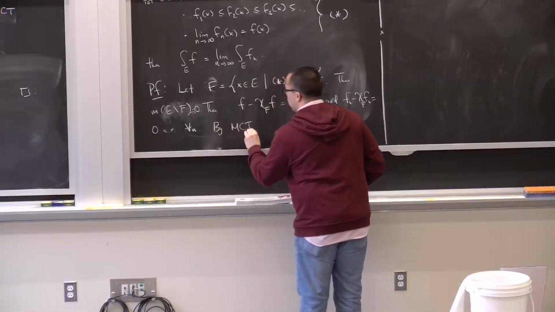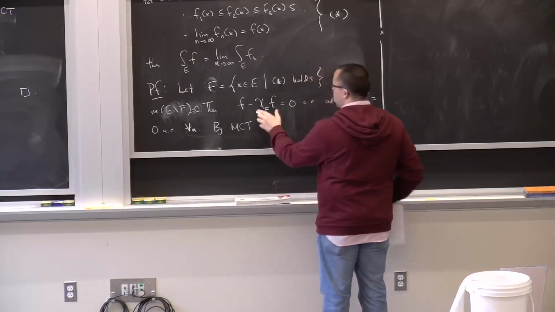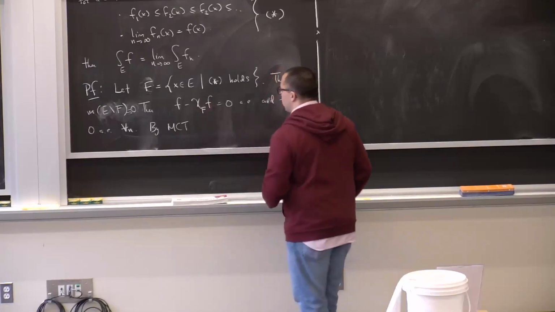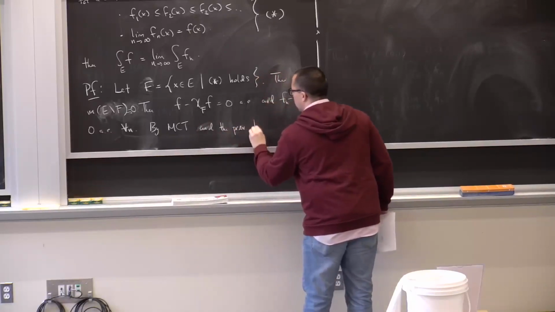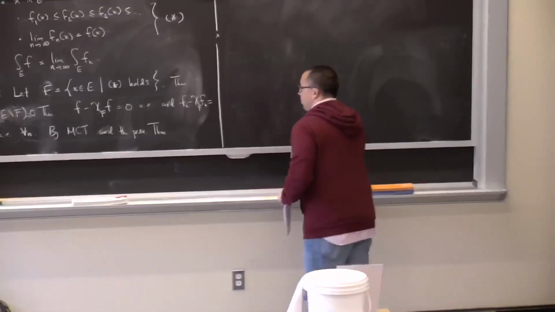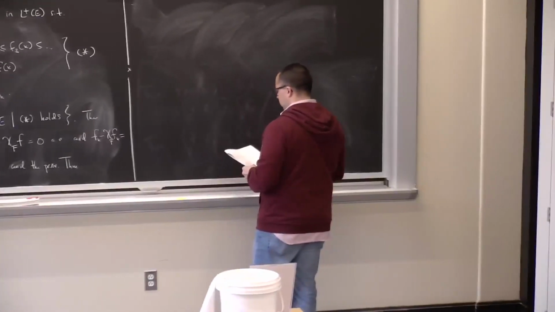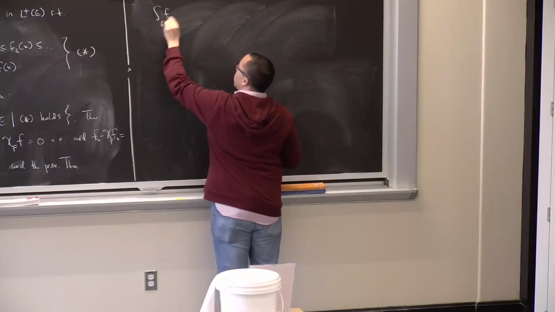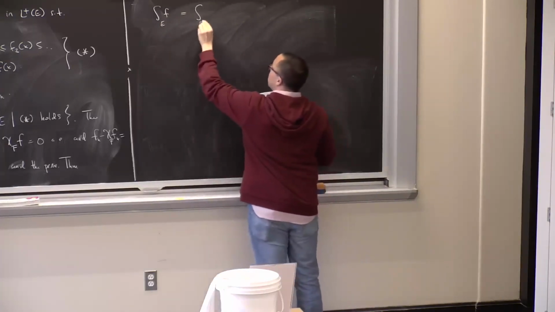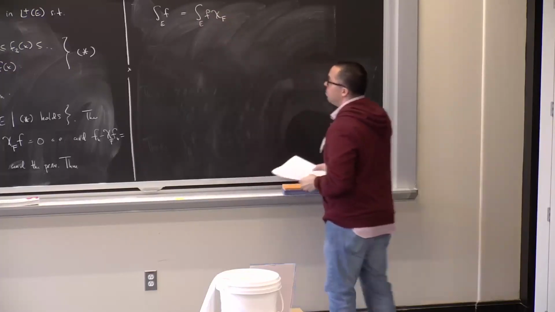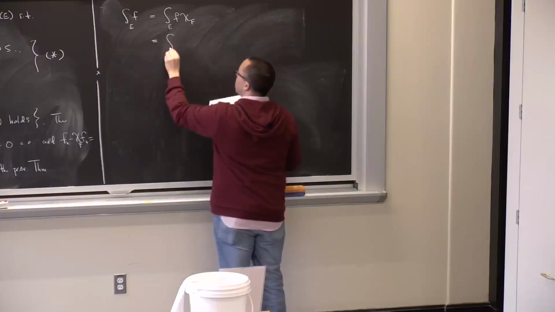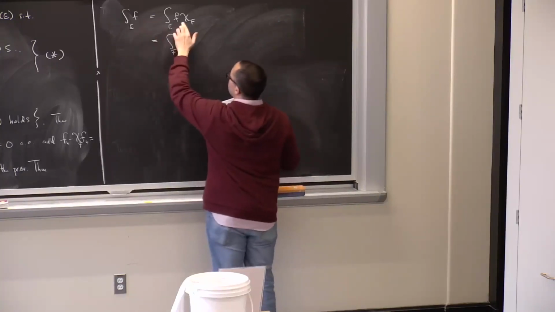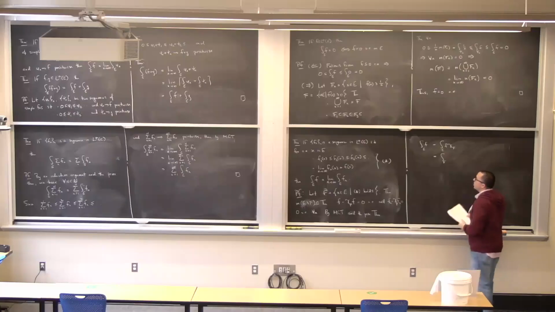Now, by the monotone convergence theorem, applied now to these parts, if you like, and the previous theorem, we have that the integral of f over E is equal to the integral of f chi sub F. Okay.